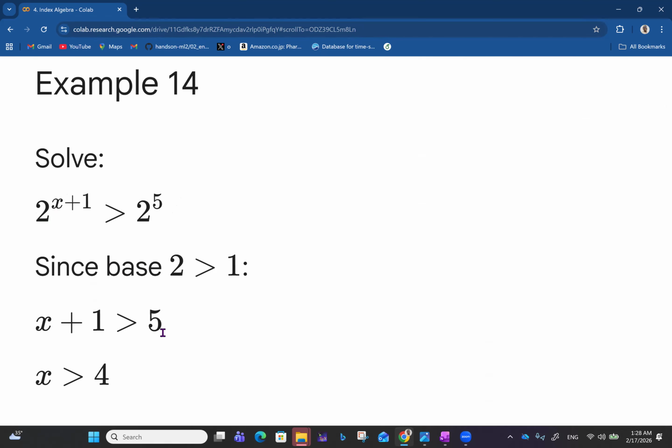Subtract 1 from both sides, so the x here has got to be greater than 4. If x is less than 4, this inequality cannot hold anymore. In fact, if x is 4, 2 raised power 4 is not bigger than 2 raised power 5. So x has got to be bigger than 4, right? If it's 5, for instance, then you can have 2 raised power 6 bigger than 2 raised power 5.